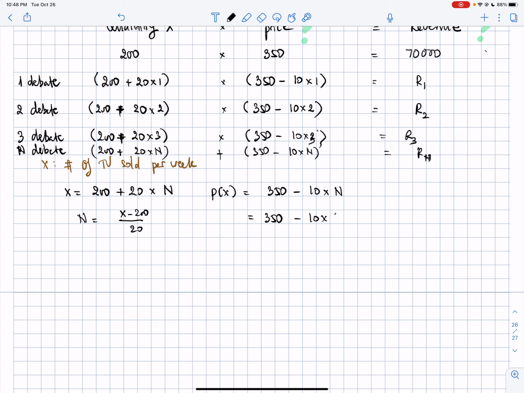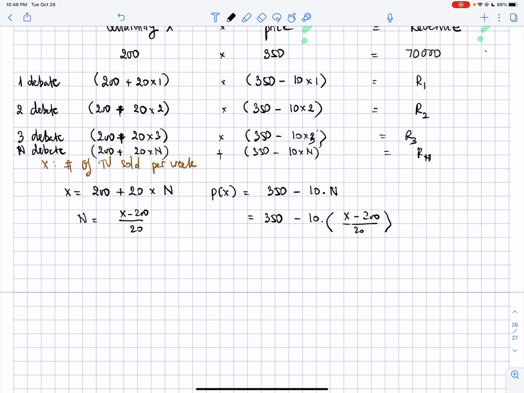I'm going to multiply n like this, so that it won't get confused with the x. So this is times x minus 200 divided by 20.